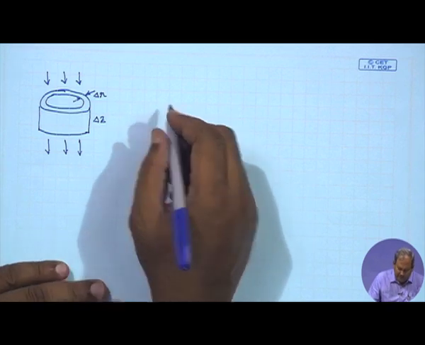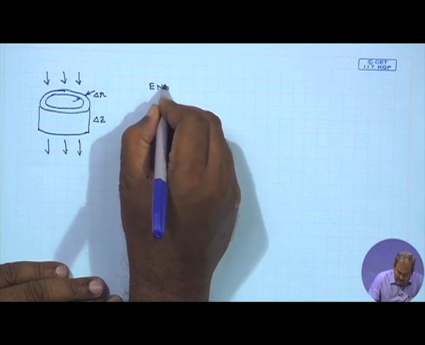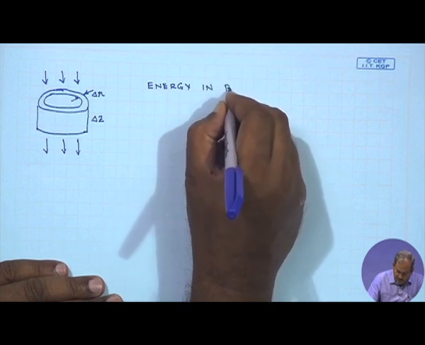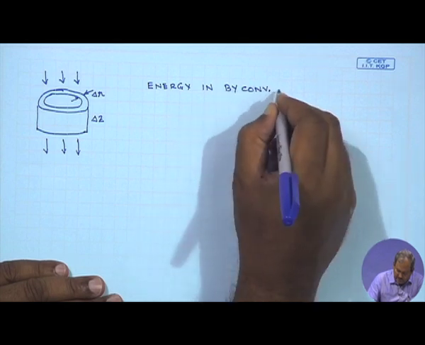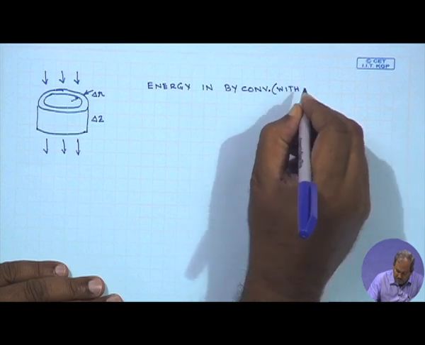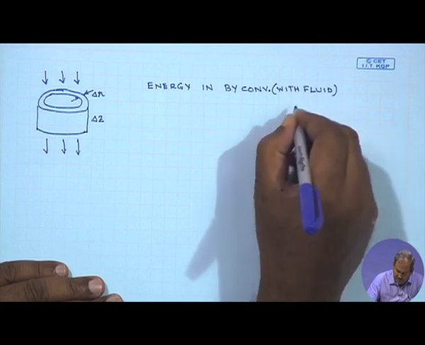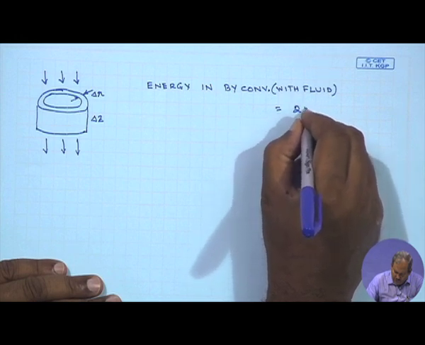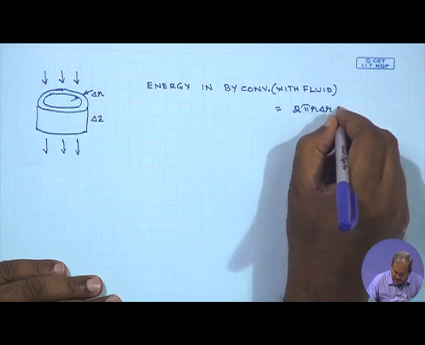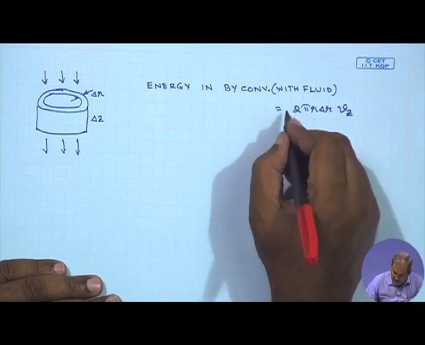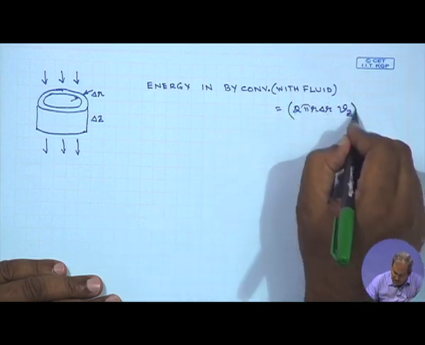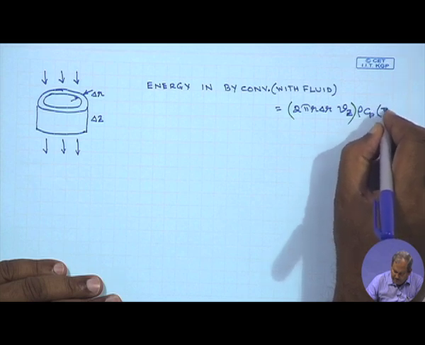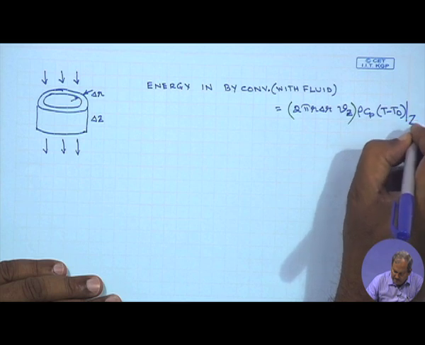So the energy which is coming in by convection, that means with the fluid, would be equal to 2 pi r delta r times Vz, I will mark this as one part of it, times rho Cp times (T minus T naught) at z.